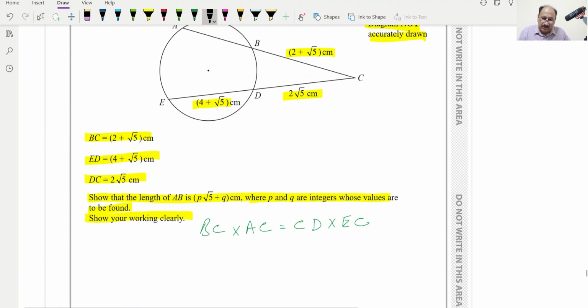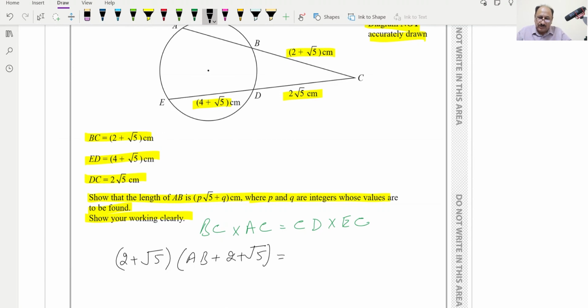BC is 2 plus root 5, which is given, and AC is basically AB plus 2 plus root 5, in brackets.